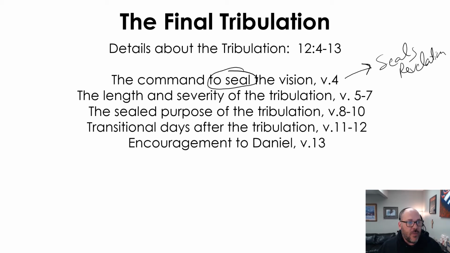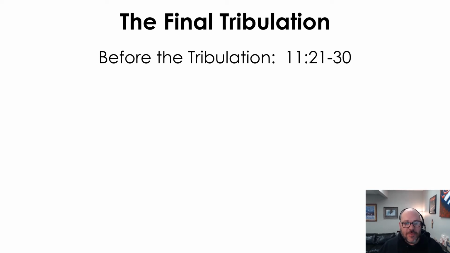Again, one final reminder from last time. The events that happened before the tribulation. Now, what I had said last time is that in our understanding of the end times events, we have what is called a type of Antichrist. And I referred to it last time that in the Old Testament, there's several different types of people.